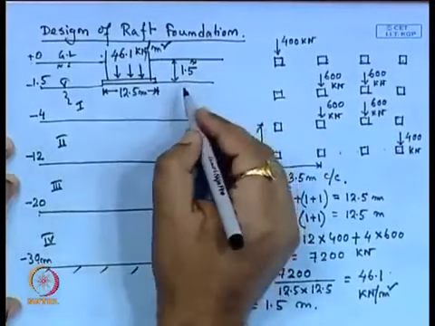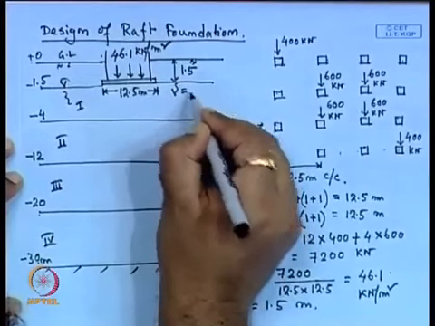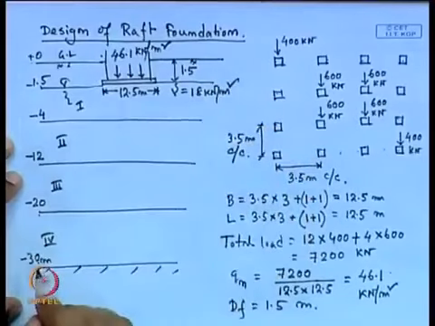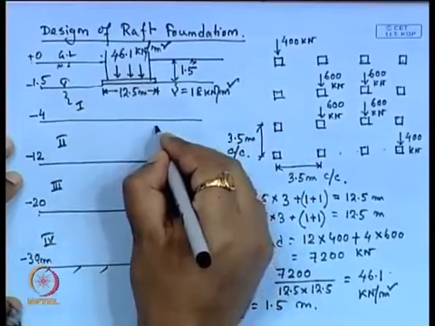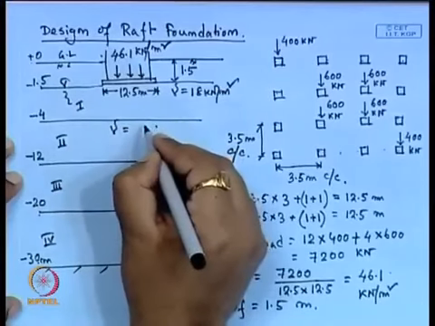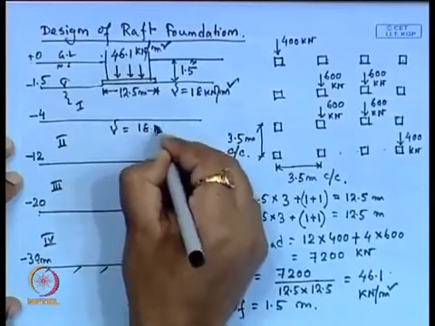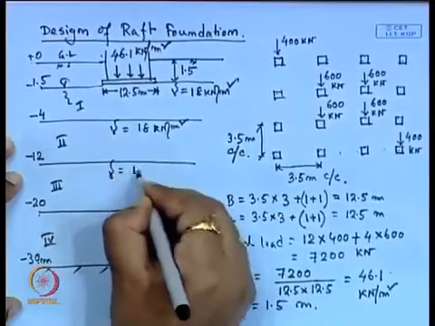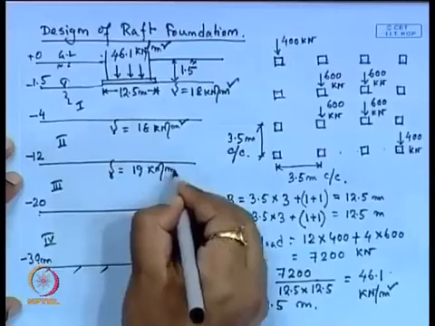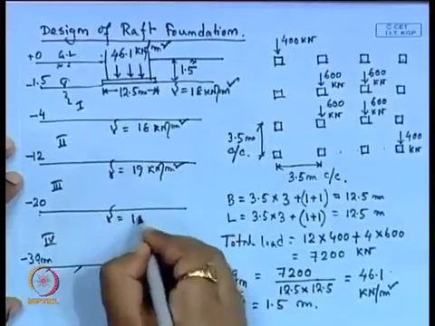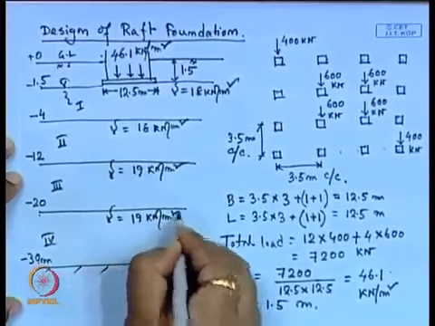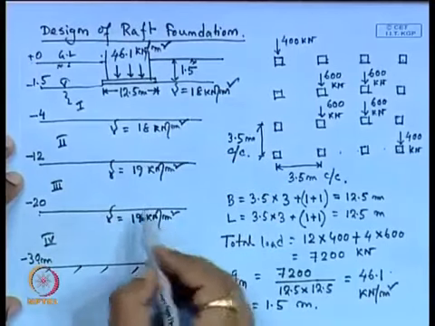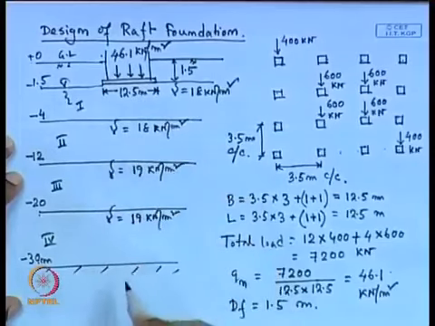Now, we need the soil properties. Gamma for the first layer is given as 18 kilonewton per meter cube, gamma for the second layer is also 18, and gamma for the third layer is 19 kilonewton per meter cube. These are all saturated unit weights of the soil that we are using.